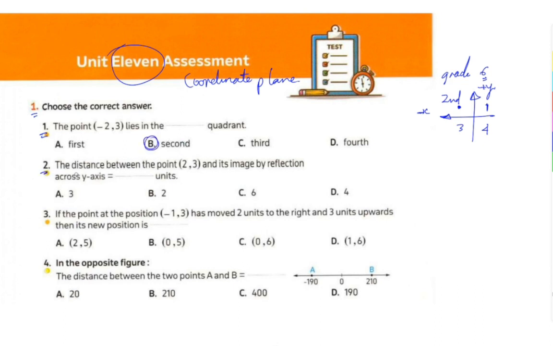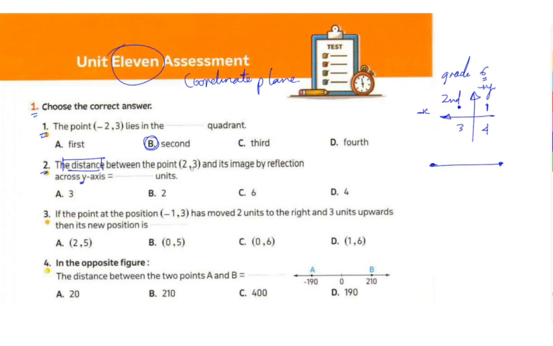Number 2, distance between the point (2, 3) and its image by reflection across what axis? Y axis. To find distance we need 2 points, first point and second point.